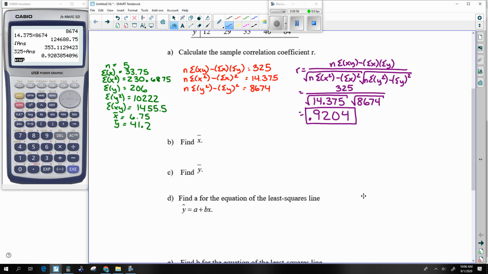Next, we have X bar and Y bar. Again, those come directly from the Christmas tree.